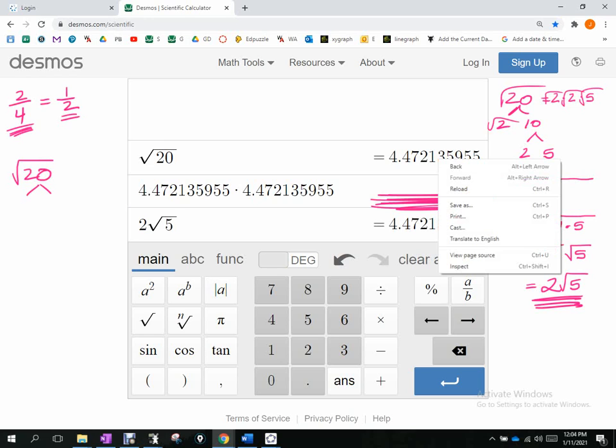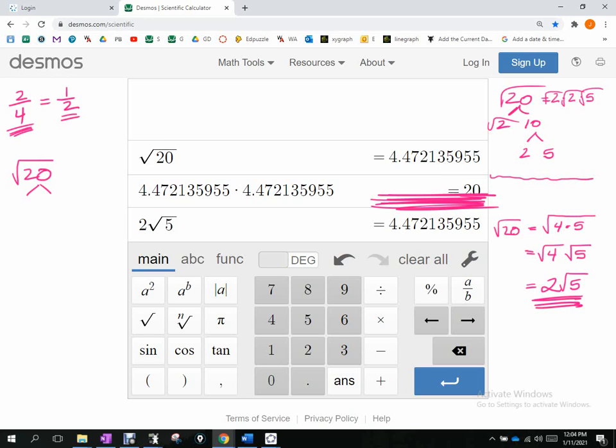What you guys probably learned doing this last year was that once you break this down in your factor tree, so you got 20, you go 2, 10, 2, and 5, you would circle groups of numbers, pairs of numbers. So I got a pair of 2s here, and one of those comes out in front of your radical, and then anything that is not grouped goes back underneath your radical.